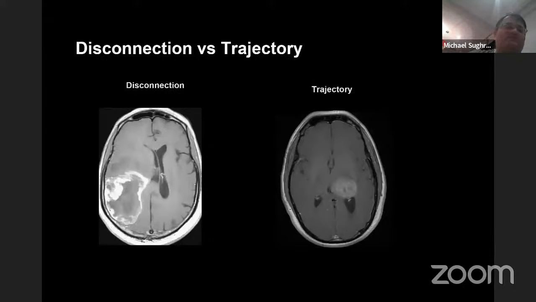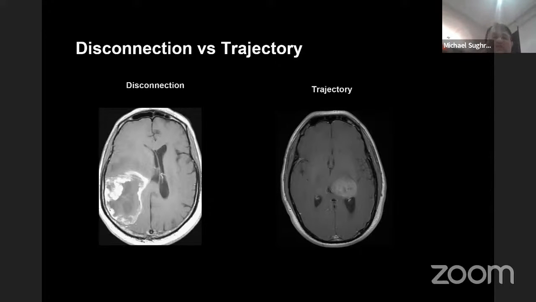Now, one of the things about it, when we first started teaching this course, which was 2015, if I remember right, 2015, 2016, the first time I taught one of these courses. And the thing that I really found was that a lot of people think about tractography as how do I plan the trajectory to the tumor?